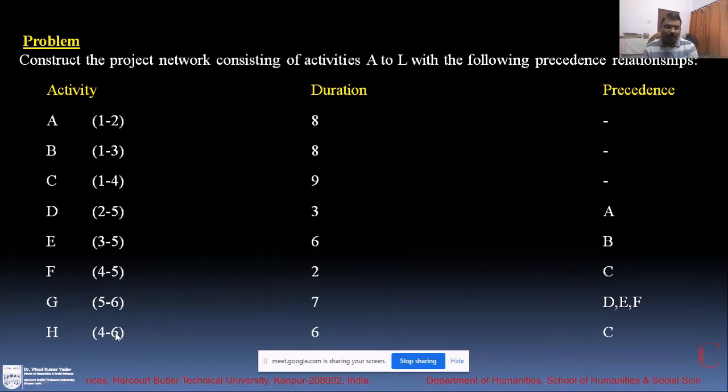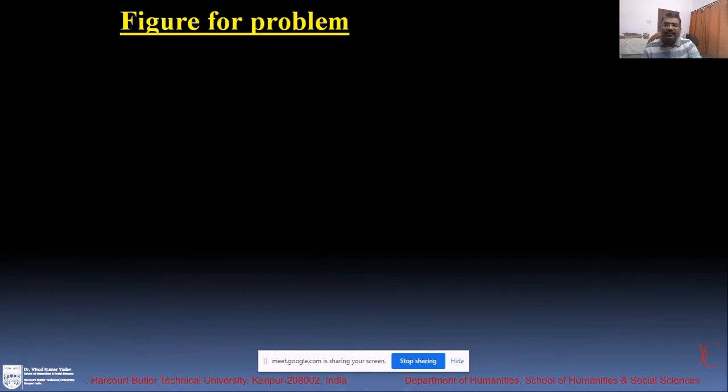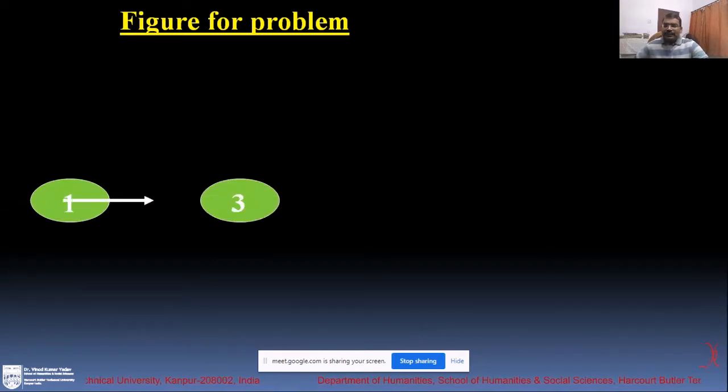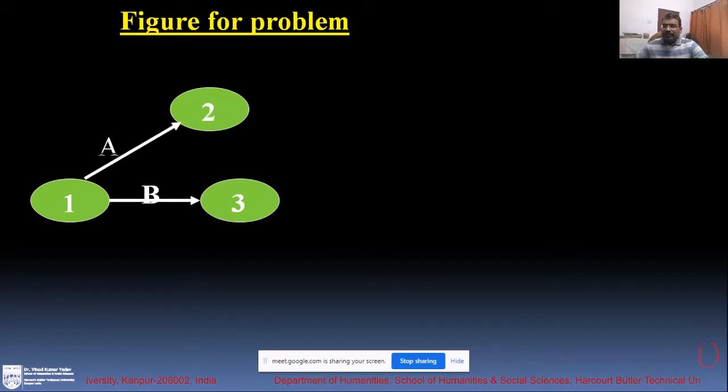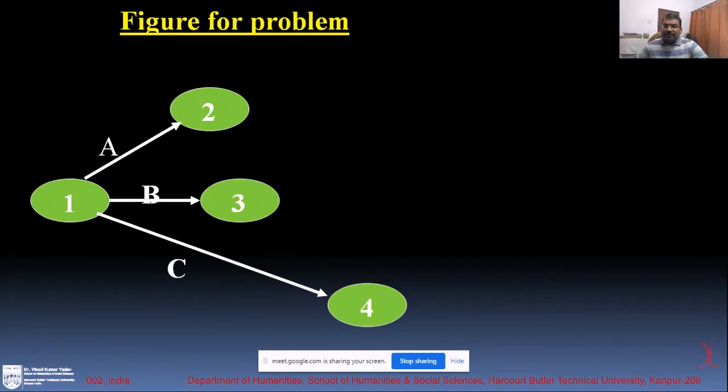So let us start making this particular problem. When you design a network, look at the first activity. We look at that A and B activities are there, and there is a C activity, right?